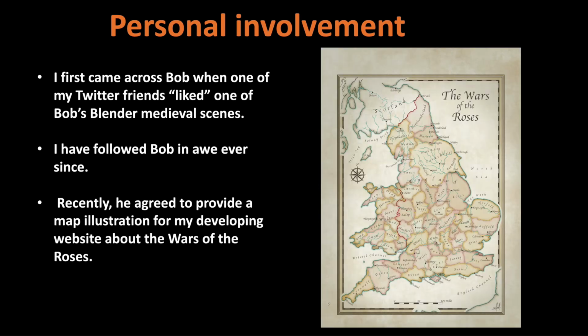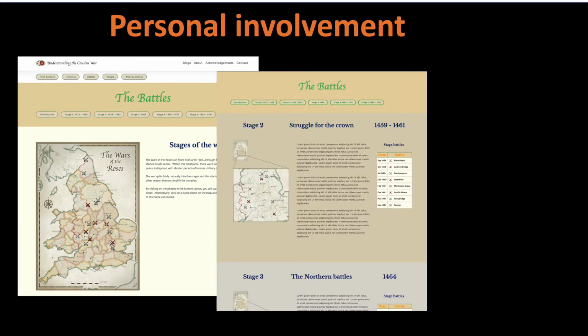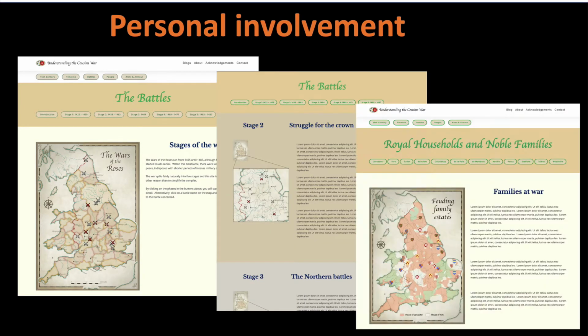And more recently, he's agreed to provide a map illustration for my website, which is still in development, but I'm already seeing that I'm going to be using it in various ways within the website.